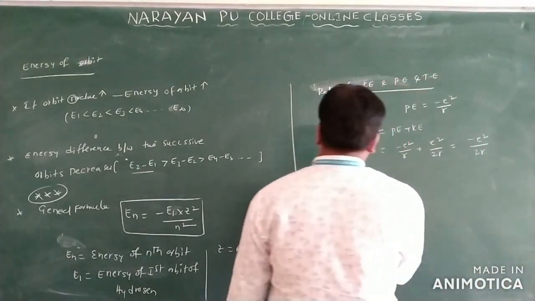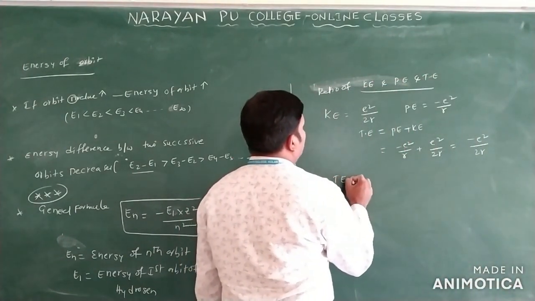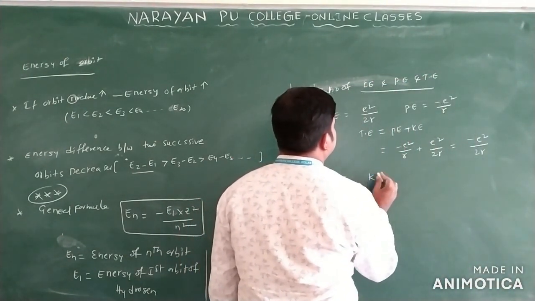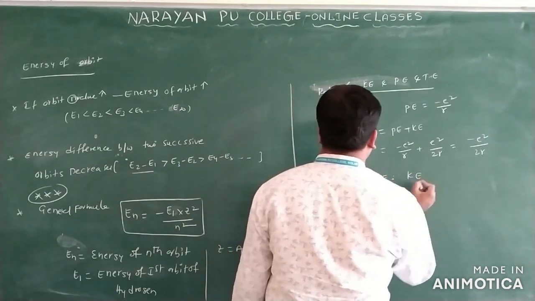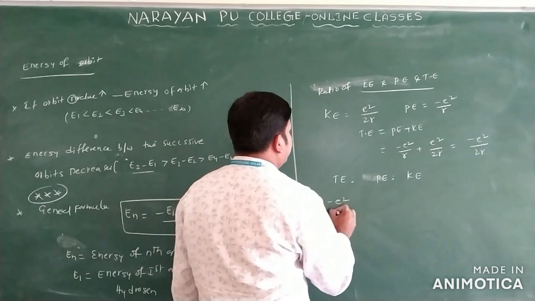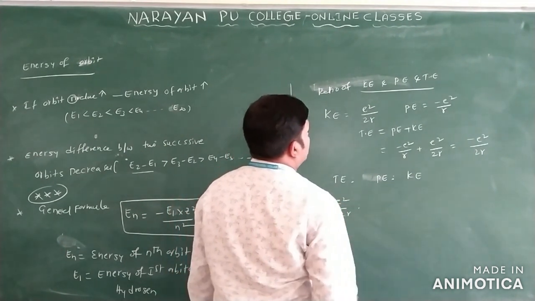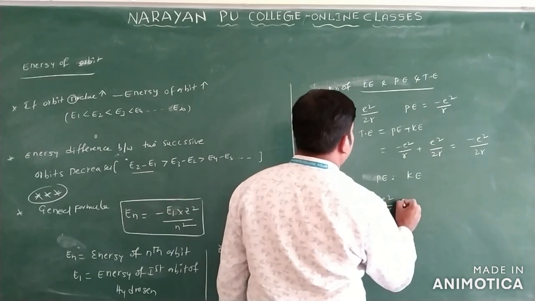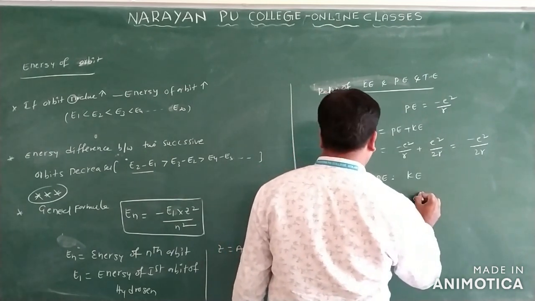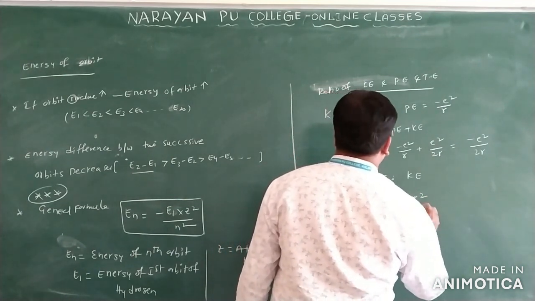Now I will write the ratio. Total energy, potential energy and kinetic energy. Total energy is minus e square by 2r, potential energy is minus e square by r, and kinetic energy is e square by 2r.